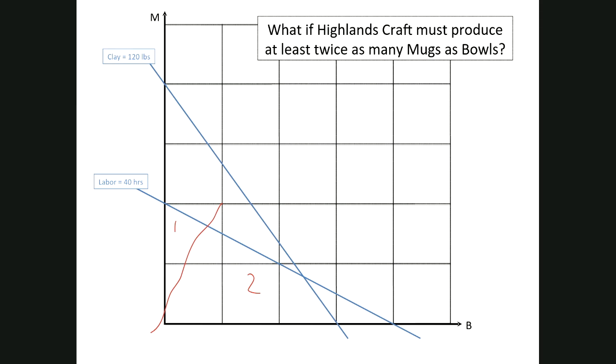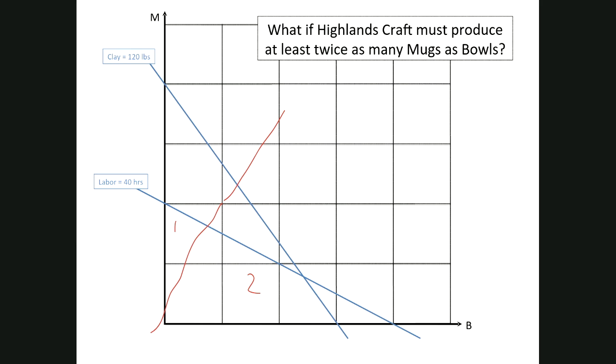So the question is, if this constraint line runs through these points, what happens to our feasible region? Well, first of all, either area number 2 is going to be the feasible region, or area number 1 is the feasible region.